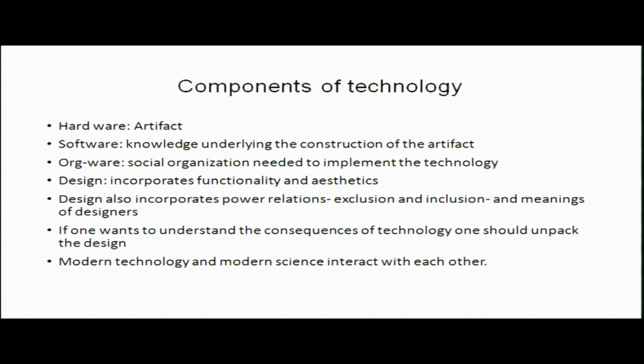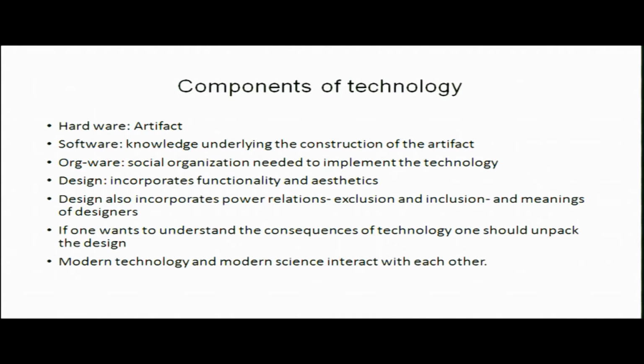Recent studies show that apart from this, the design also incorporates power relations, exclusion and inclusion. That is, who will have access to this particular technology or artifact, who will not be able to have access to this, in what context this technology operates, and also it is associated with meanings of what it means to have this particular artifact in social life.